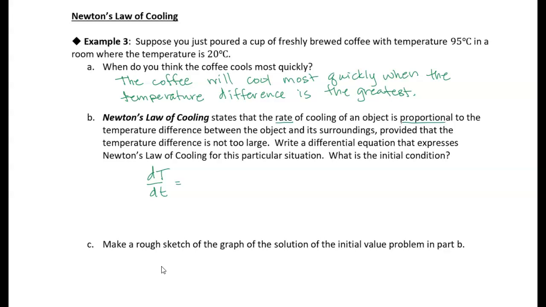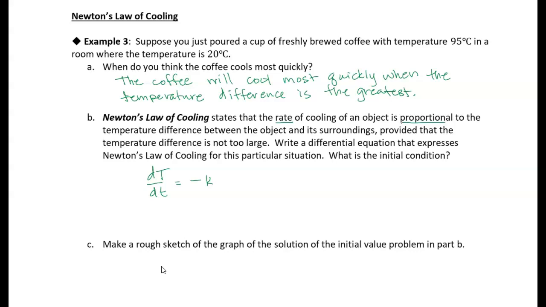If we're talking about cooling, the rate of change of temperature over time is going to be negative, right? Because the temperature is going to decrease. So I'm going to put in a negative k. If we're talking about cooling, then k would be positive, but the negative represents the fact that if it's cooling, the temperature is going down.